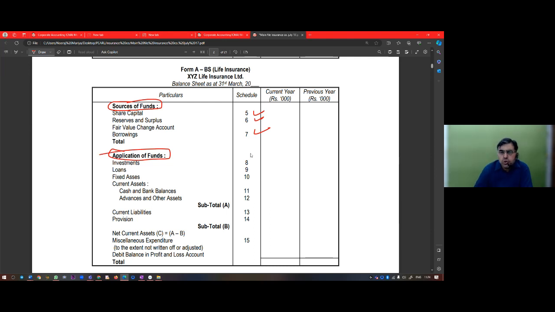That includes schedules 8, 9, 10, that is investments, loans given, fixed assets. 11 and 12 are current assets, 13 and 14 are current liabilities and provisions. Then you will get net current assets, A minus B. So 11th is cash and bank balance, 12th is advances and other assets, 13 is current liabilities, 14 is provision. Any other asset which is not yet written off, miscellaneous expenditure, is schedule 15. It is of no use practically.